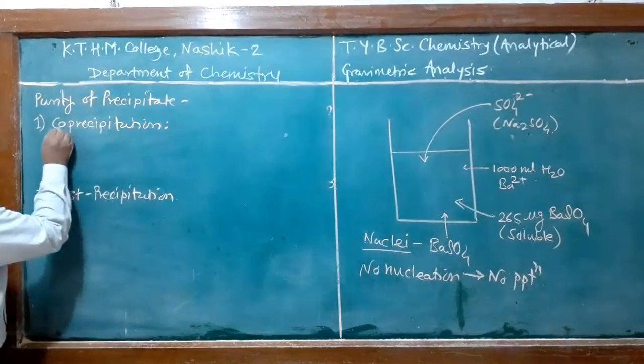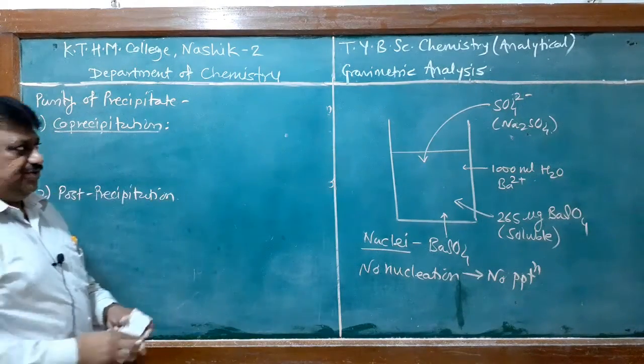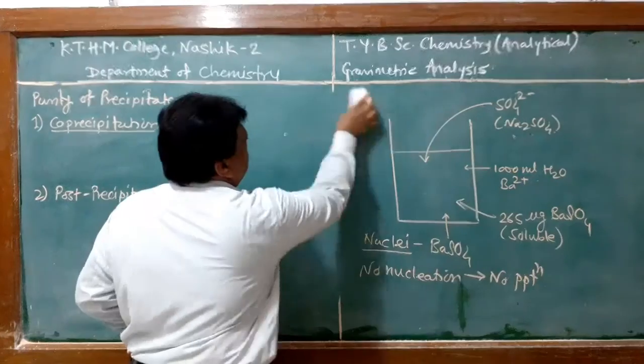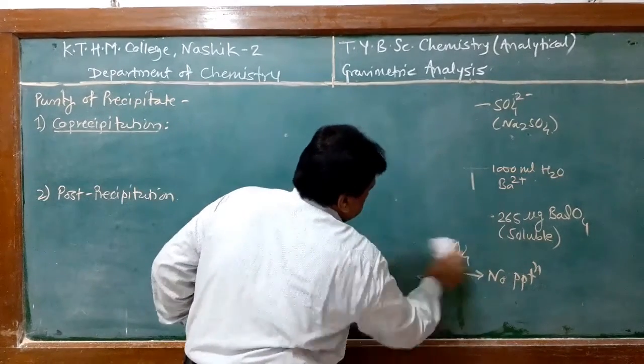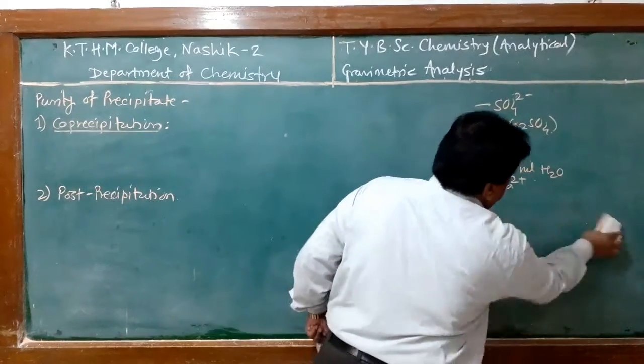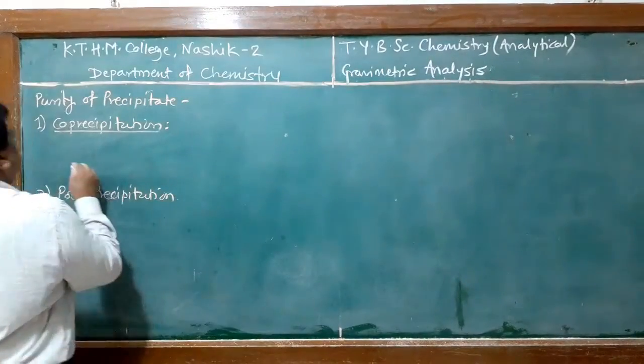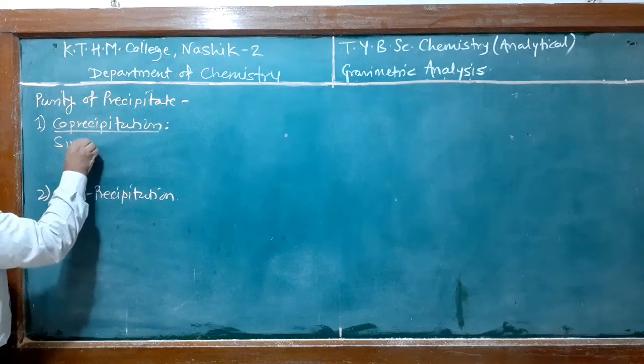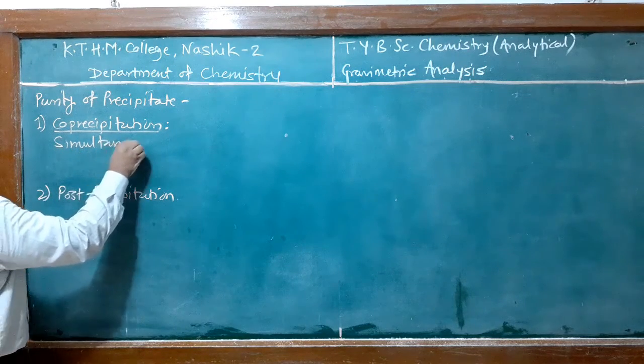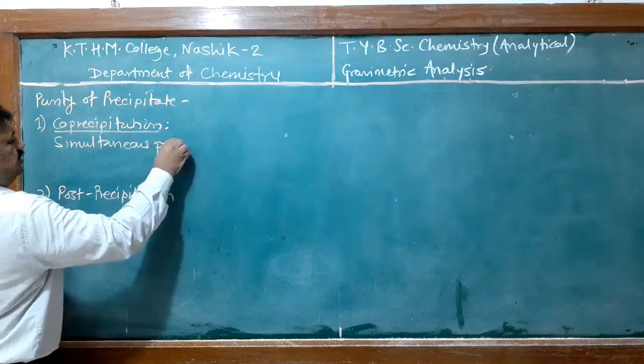First of all, we discuss what is meant by co-precipitation. Co-precipitation means simultaneous precipitation.